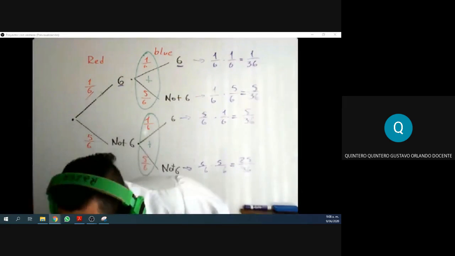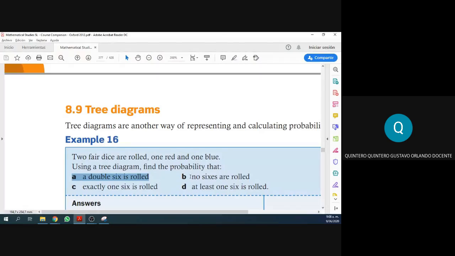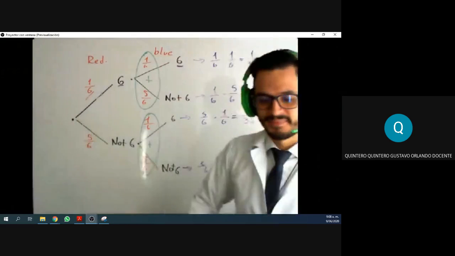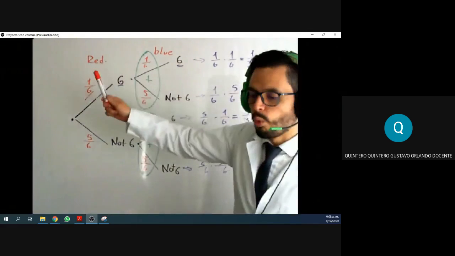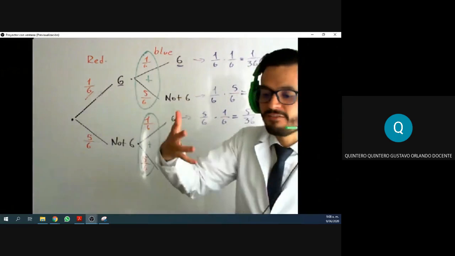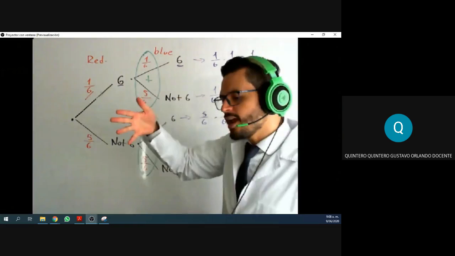Here. Second one, B. Let's find the probability that we do not get 6s, meaning we don't get a 6 in the first one, and we also don't get a 6 in the second one. So what is the row that is going to give us not 6 and not 6?